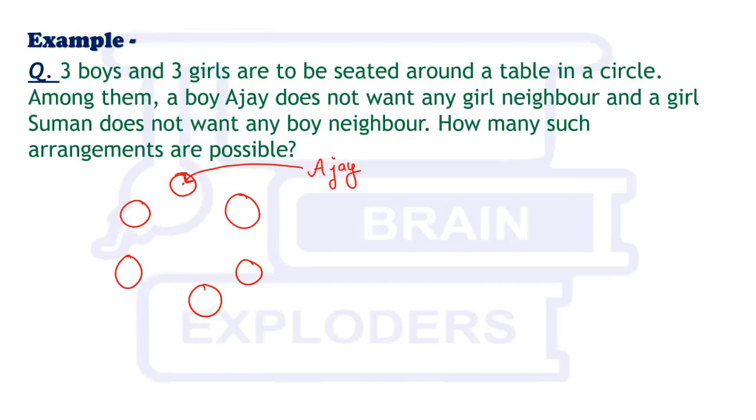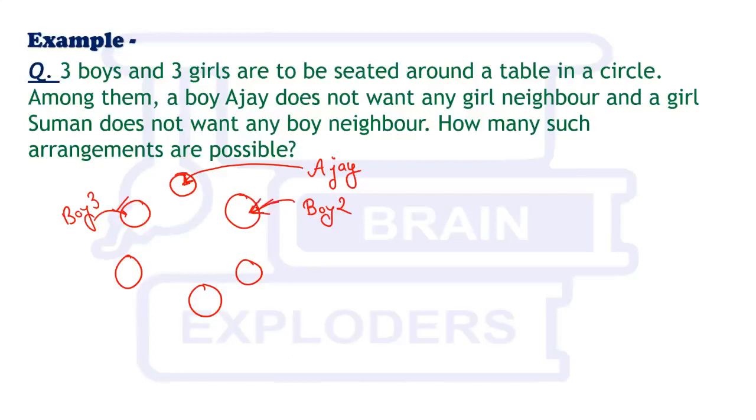Now make remaining choices for this particular restriction. Here on this place no girl can be there, and on this place no girl can be there. So for here we have 2 choices for boy number 2, and here we have only one choice remaining if we place any of the boys over here.